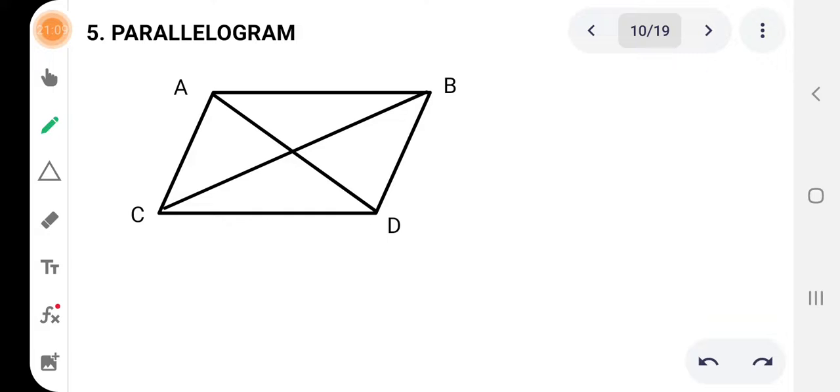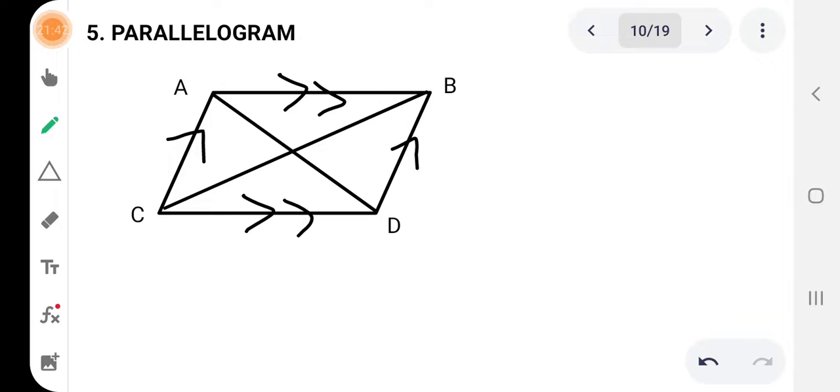Okay, so let's take, we are given a parallelogram. We know that once they say it is a parallelogram, AB will be parallel to CD. We simply know AB is parallel to CD, and also AC will be parallel to BD.